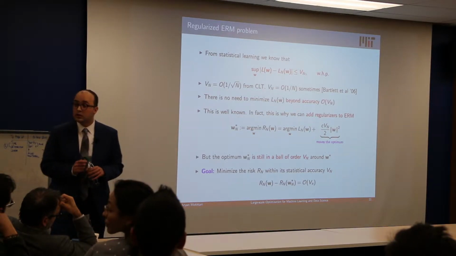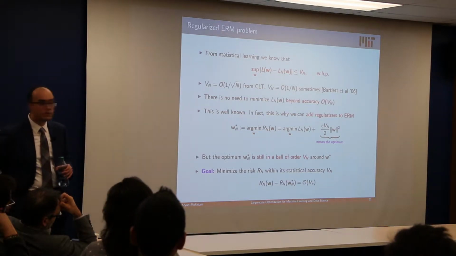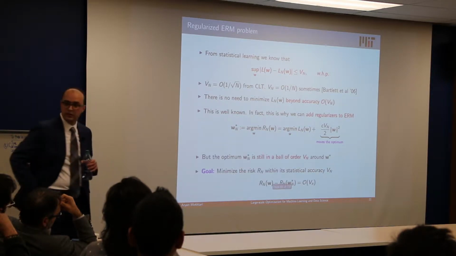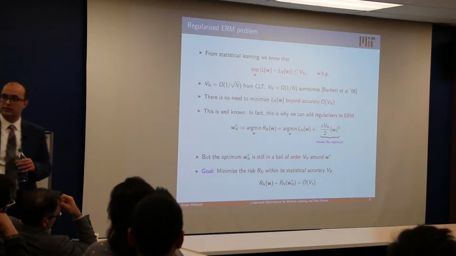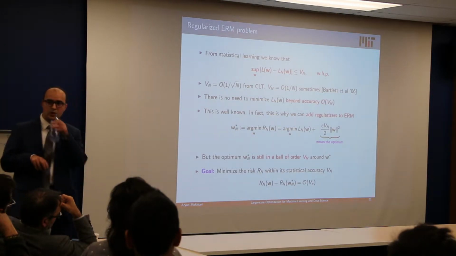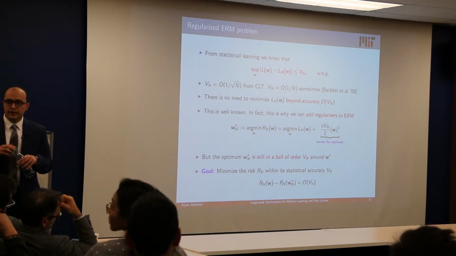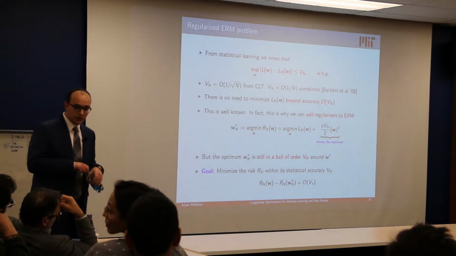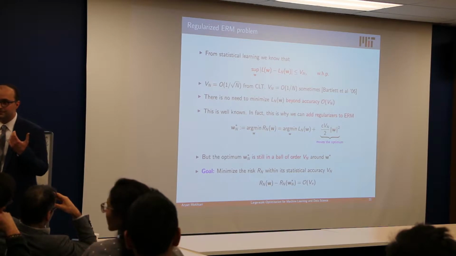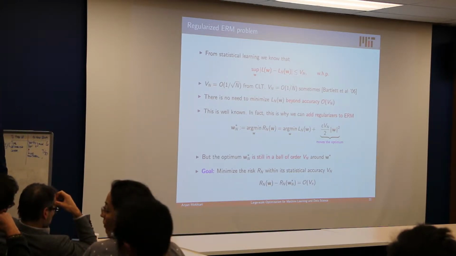I'm asking, in the previous point, you're looking at the difference between the population expectation and your empirical approximation, and saying that it is uniformly bounded by some Vn with high probability. Yes, but there are some constants I'm hiding. So under what conditions on the objectives does that happen?